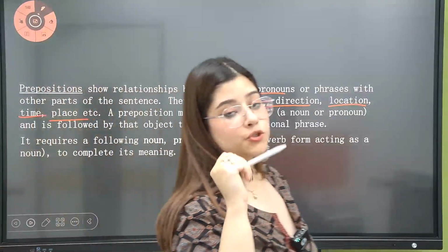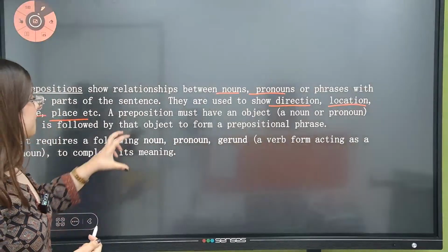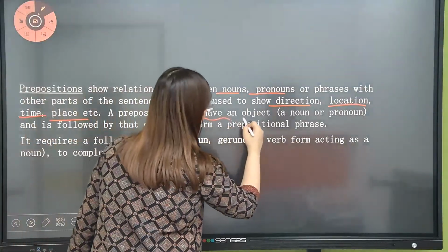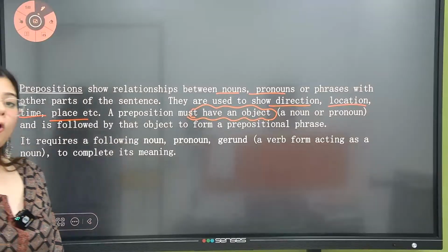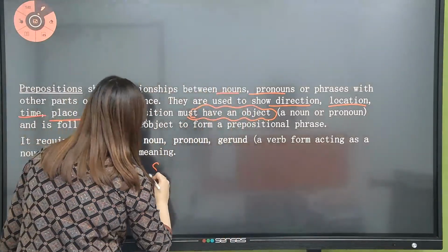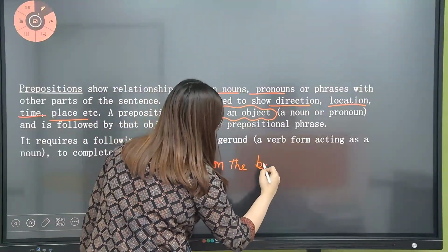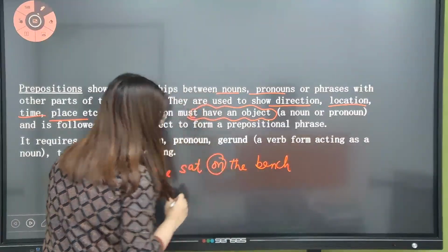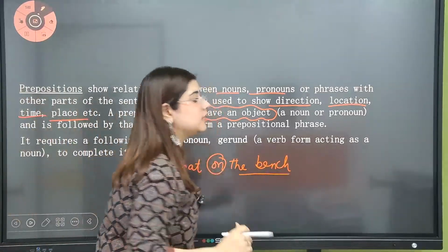Now, one thing that you need to remember here is that a preposition should always have an object. It should always take up an object. If I say, she sat on the bench. Here, on is a preposition and bench is the object.